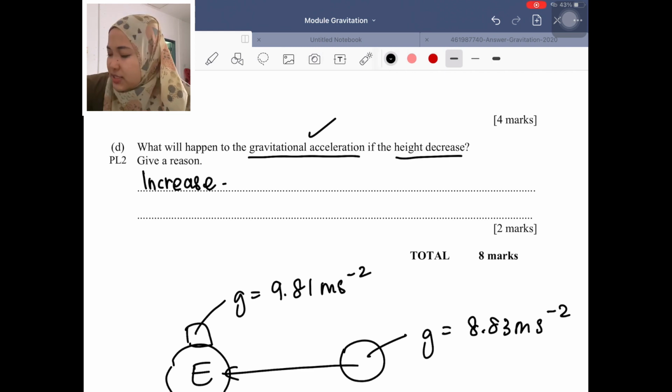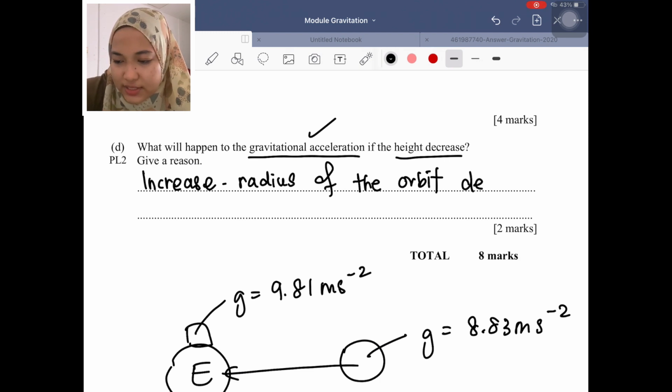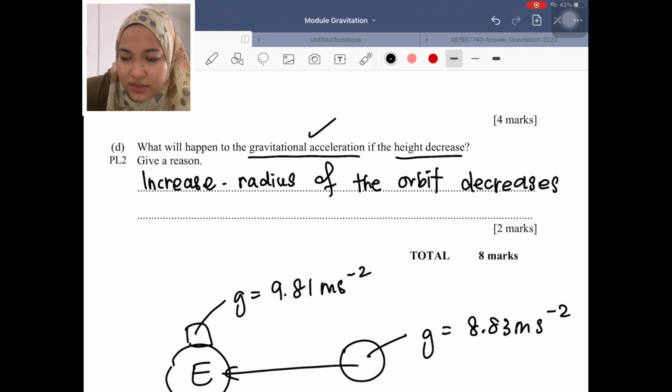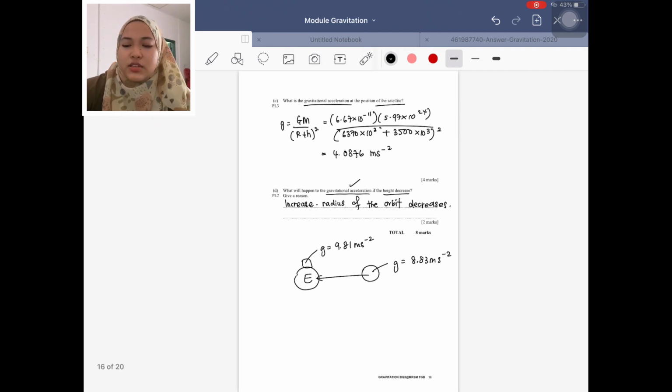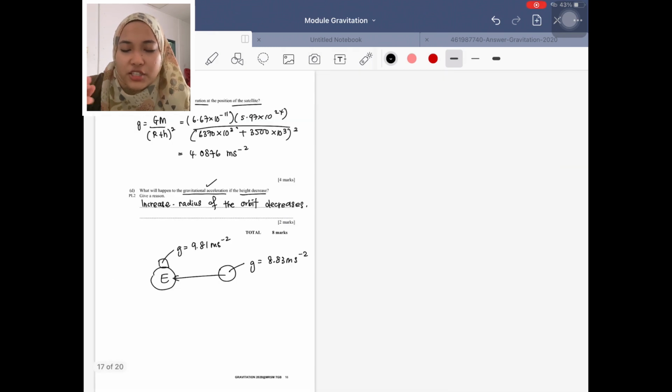Sebab apa increase? Because the radius of the orbit decrease. Okay, so it is all playing with the relationship.